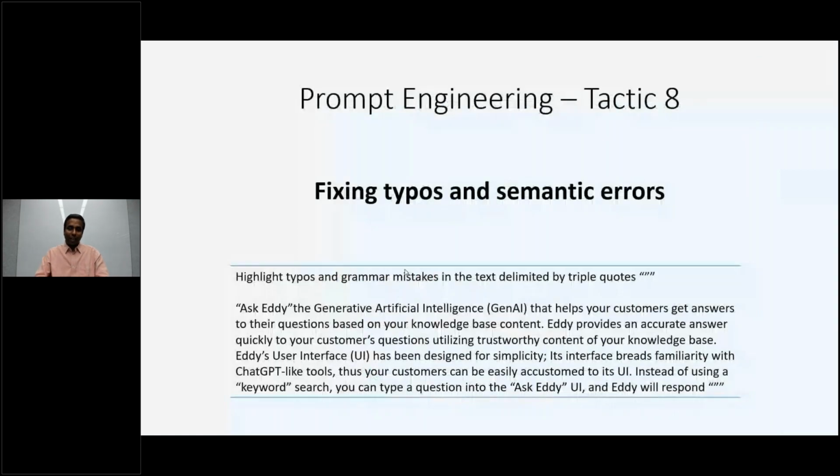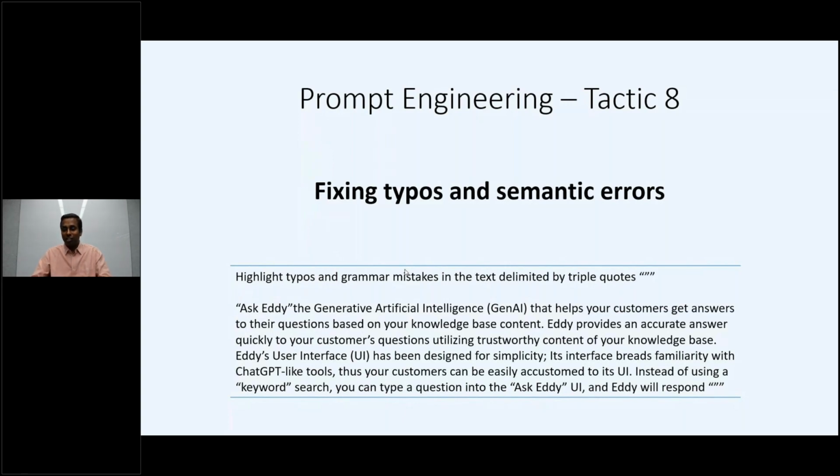Let's come to the tactic number 8. So as a technical writer, we are keen on finding typos and semantic errors. Again, ChatGPT can actually help you during the content creation process. Okay. So things like Grammarly also can help, but what I found with a ChatGPT-like system is it's able to actually highlight the areas where I can improve.